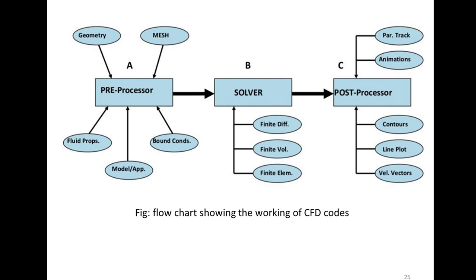So dividing a whole body into smaller ones is called meshing, and we specify the fluid property, whether it's water, whether it's a liquid, whether it's a gas, whether it's any sort of fluid that comes under the software. In a similar sense, viscosity is a different fluid property, and then we set up the boundary conditions.